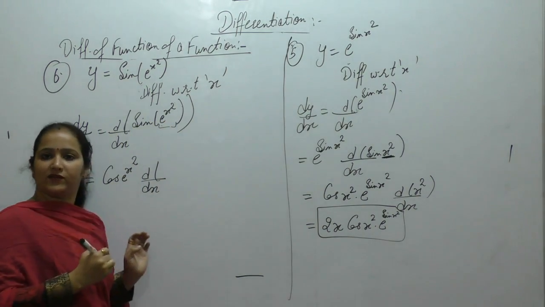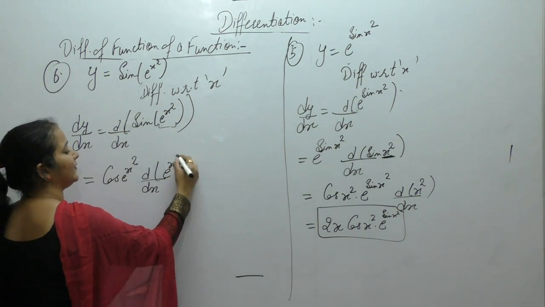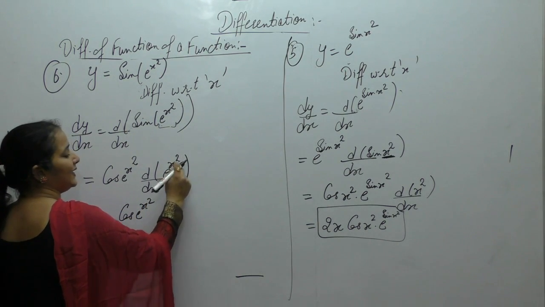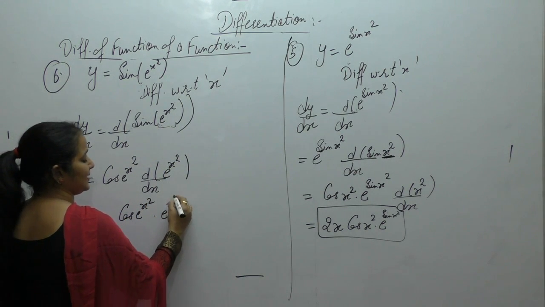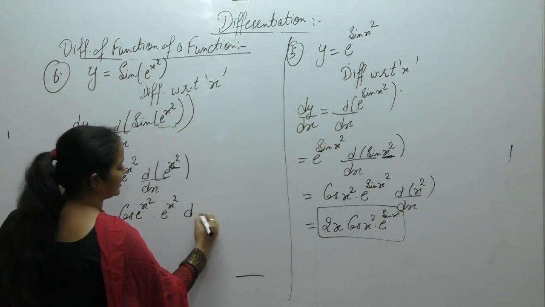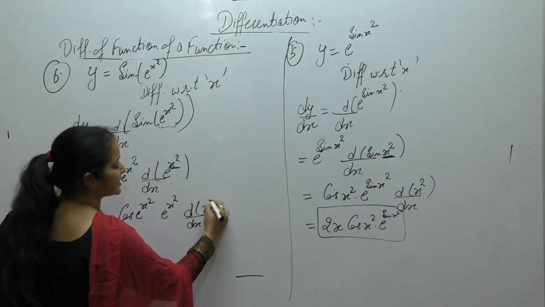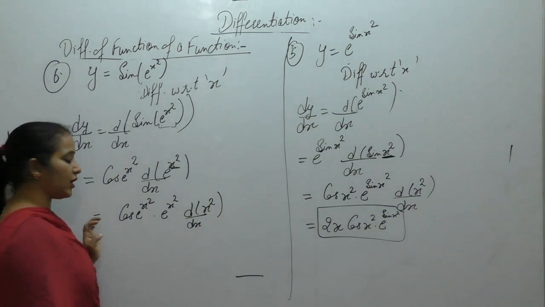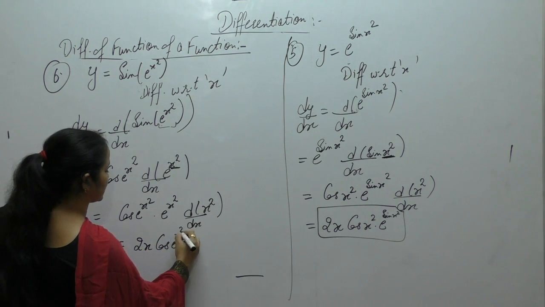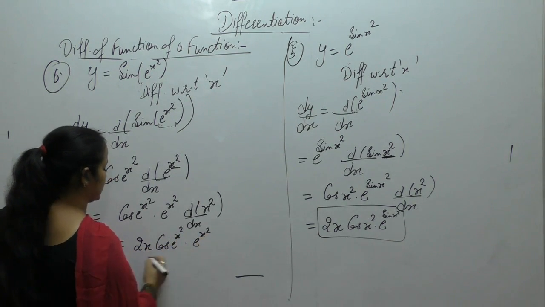Instead of x we have this term, so we have to take the derivative of that term, cos of e power x square. Derivative of e power x is e power x. Instead of x we have here x square, so take the derivative of x square. Derivative of x square is 2x cos of e power x square into e power x square.